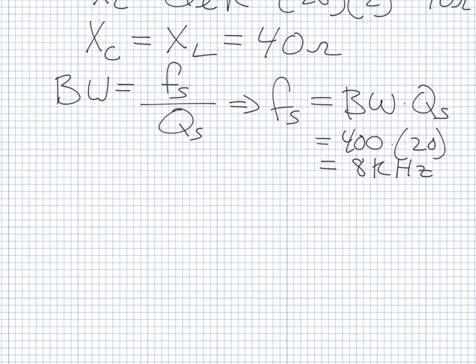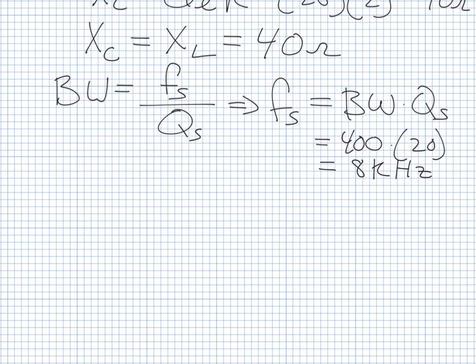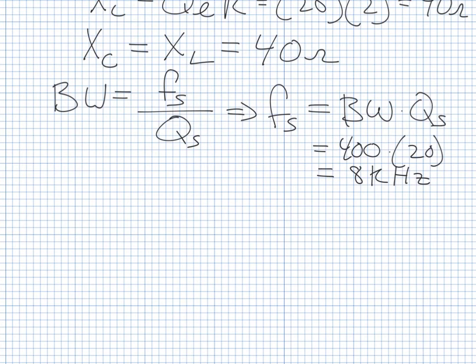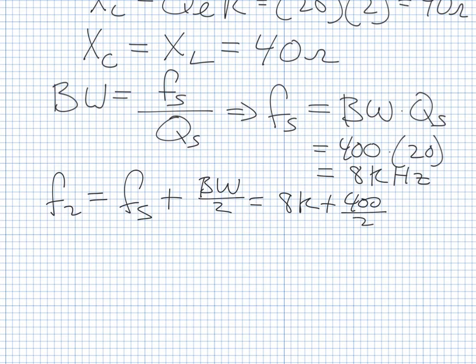So for F2, if we recall, once we know the resonant frequency, it's going to be that plus half of the bandwidth, right, which is 8K plus 400 over 2, which we end up with 8.2 kilohertz.